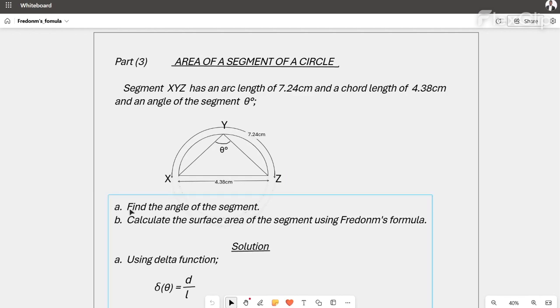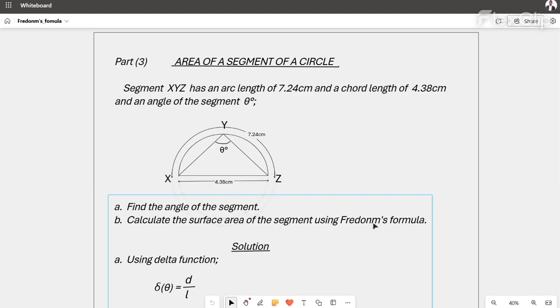So question A says, find the angle of the segment, which is theta degree. And question B says, calculate the surface area of the segment using Fredom's formula. Fredom's formula is the formula that we used in our previous videos for finding area of a segment of a circle.